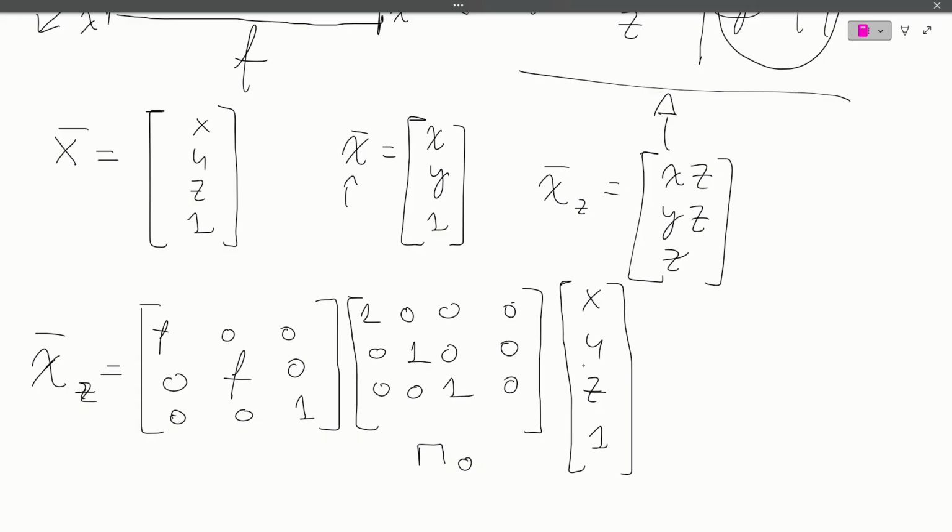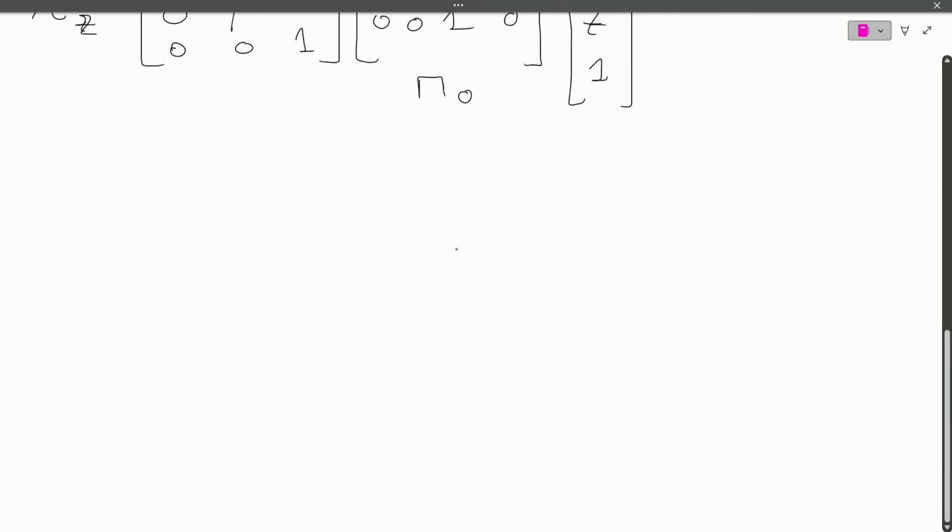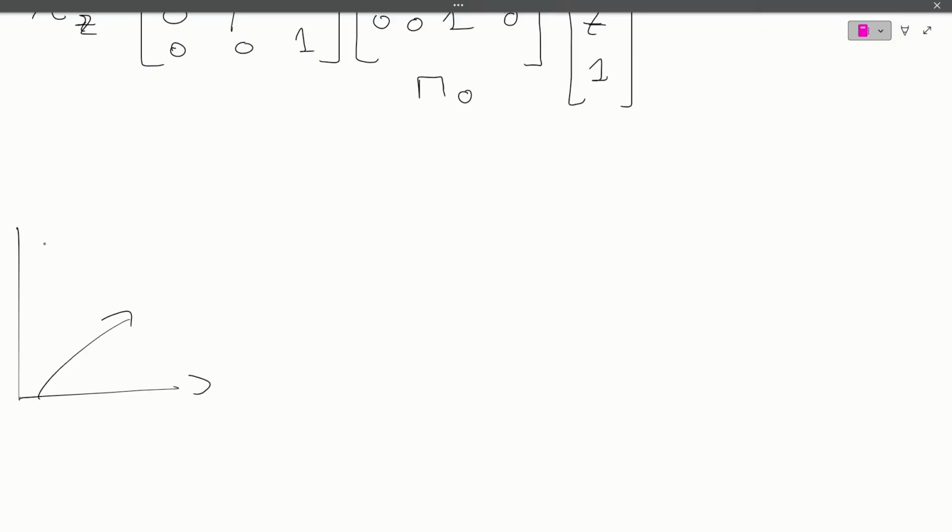There are a lot of problems. First of all, when we project in this way, the point that we are obtaining, let's redraw here. There is the image plane. There is a point here. We are projecting.